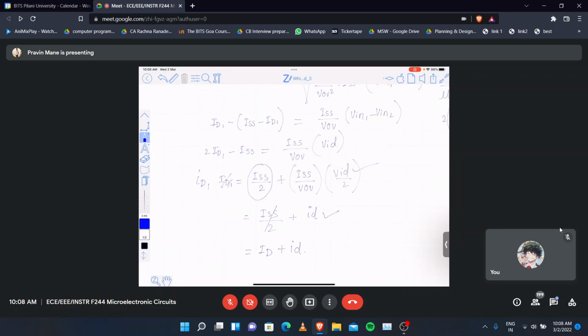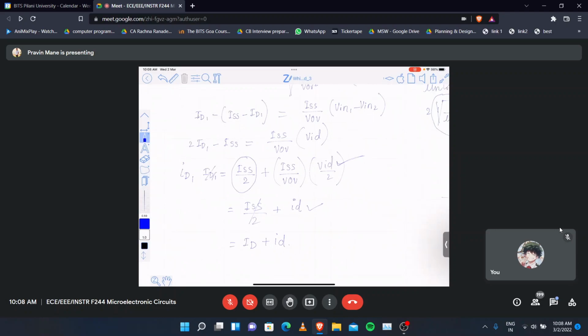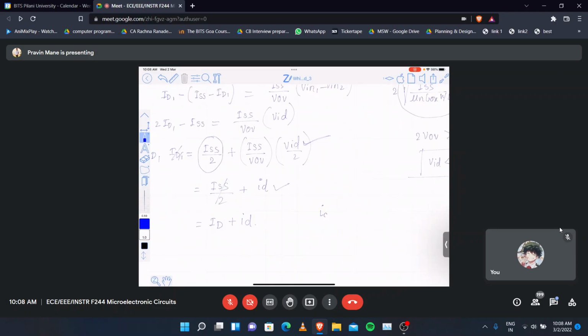It is directly proportional to VID, which is Vin1 minus Vin2, which is good for an amplifier. In an amplifier, the output voltage should be proportional to input voltage.